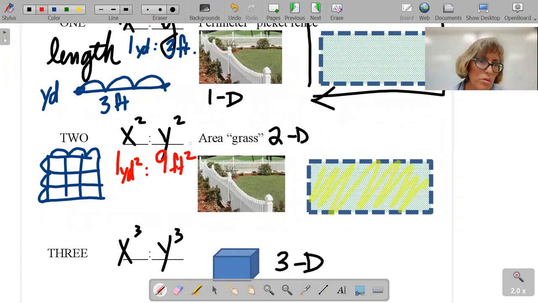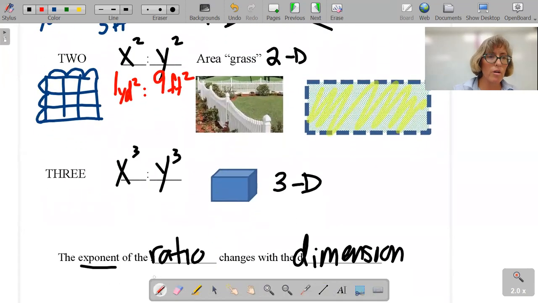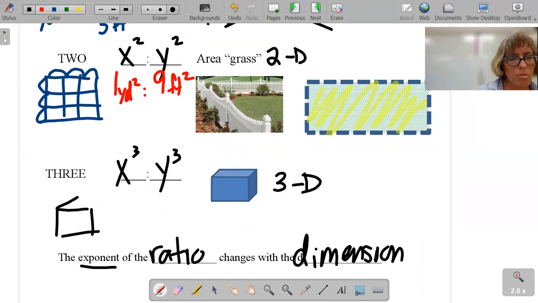You see we squared those? And it gets even trickier if you had a cube made up of a yard.